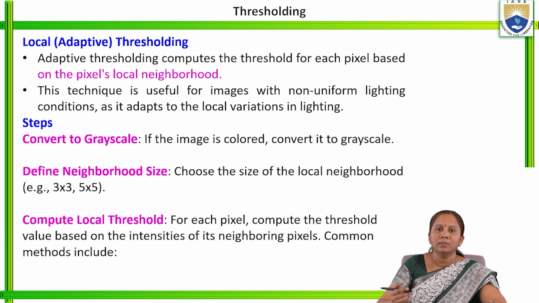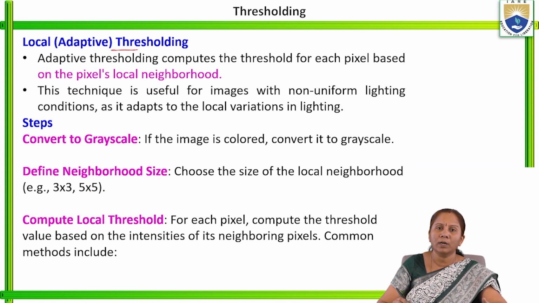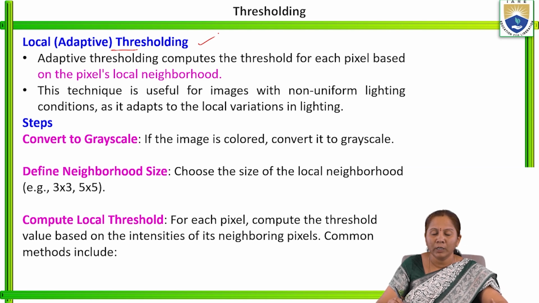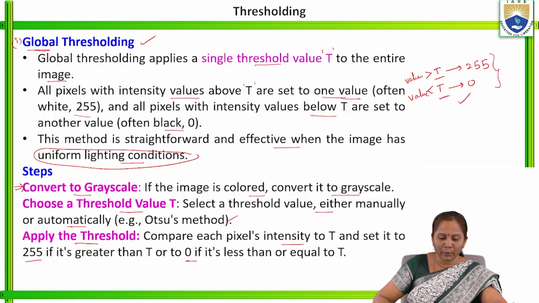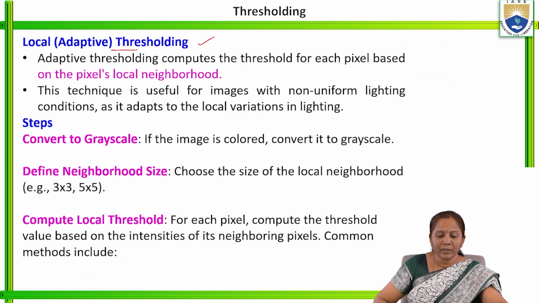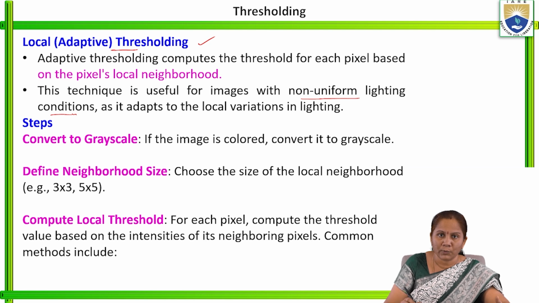Now coming to the next thresholding technique, local thresholding. It can also be called adaptive thresholding. In order to overcome the drawback of global thresholding, we will go for local thresholding. Global thresholding can be applied only for uniform lighting conditions. So in order to overcome that drawback, we can use adaptive thresholding. Why? Because it can be applied for non-uniform lighting conditions also.